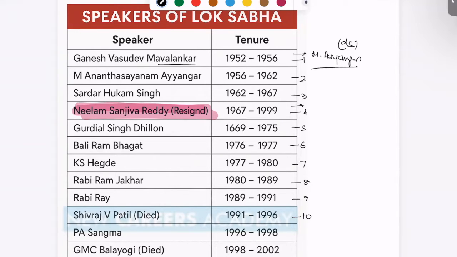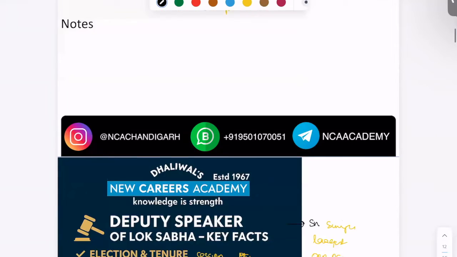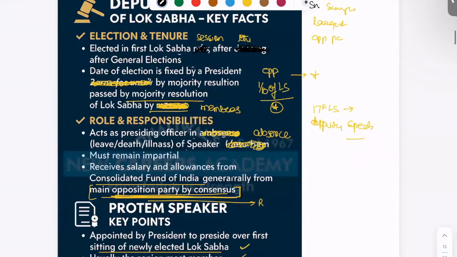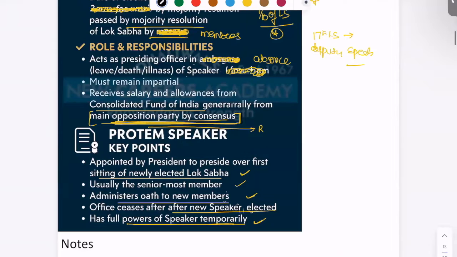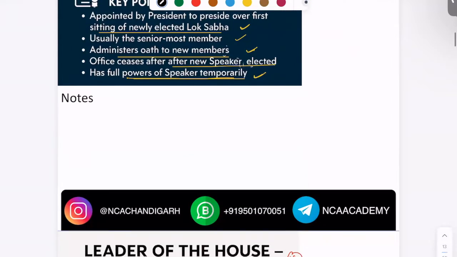The 17th Lok Sabha is the only time when there was no deputy speaker. Okay. If the speaker is not there, he gets all the powers of what? Speaker. When the speaker is not there. Is it clear? These are the cases when we talk in terms of the deputy speaker.